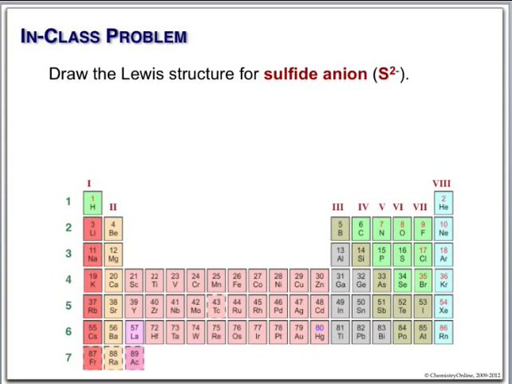All right, let's do this again. Sulfide dianion. Step 1, we have to find sulfur. Well, sulfur is right here under oxygen, and it's in group 6. Take sulfur and put in 6 valence electrons.